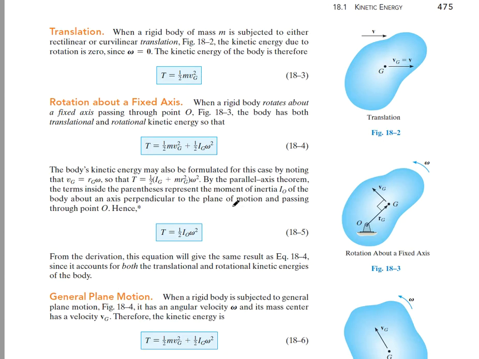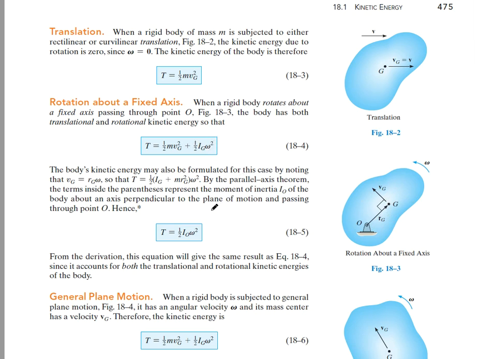If we have a fixed axis, the kinetic energy for rotation about a fixed axis is half of the mass times the velocity of the center of mass squared, plus half of the mass moment of inertia about the centroid times omega squared.